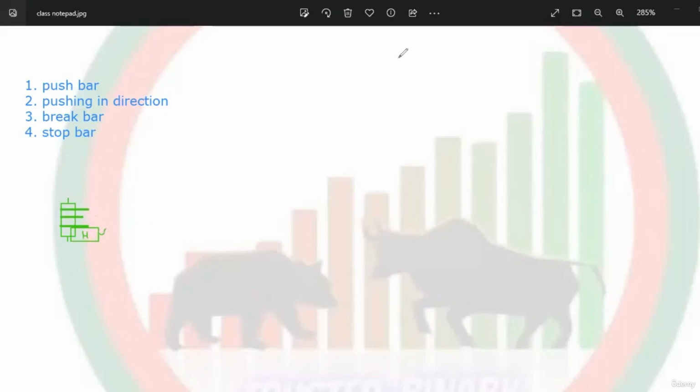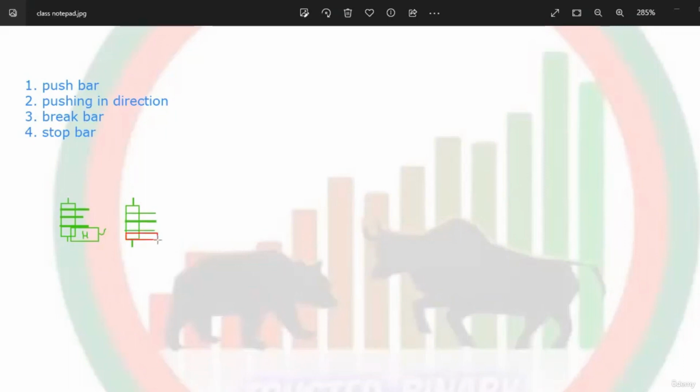But if the situation happens like this, 1, 2, 3, 4, four parts, and in this area volume is high by the seller side.